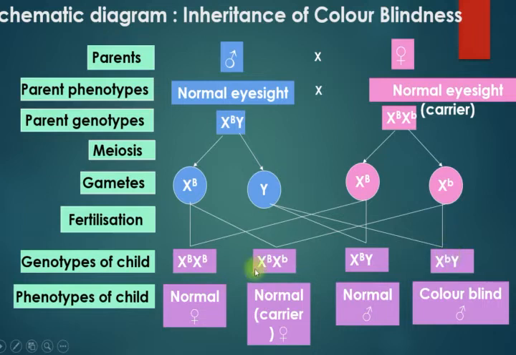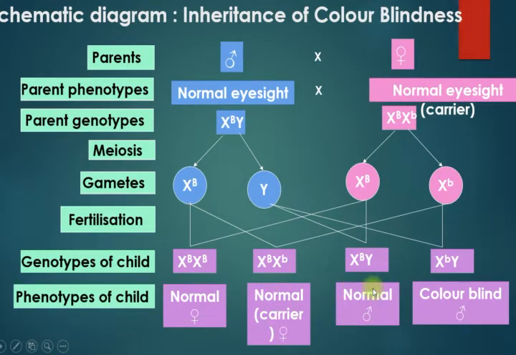Alright, so the phenotype of the children: a normal boy, a normal girl here, and this one also a normal girl, but a carrier. She has normal color vision, but she is a carrier.